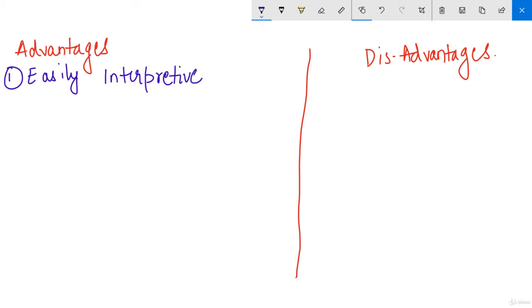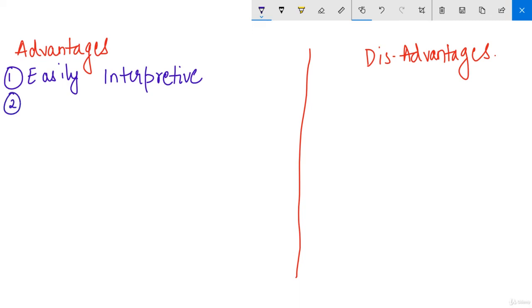Interpretable means, like in a decision tree, if we are putting a value into one cell or leaf, we can interpret what can be in the next cell. If it is yes, it can be this, and if it is no, it can be this. It is easy.